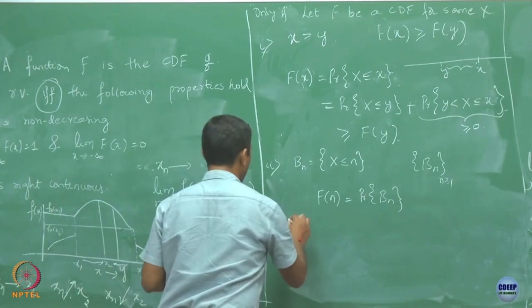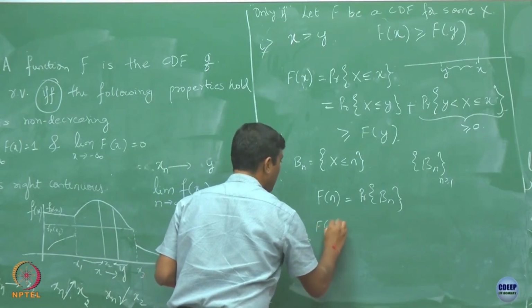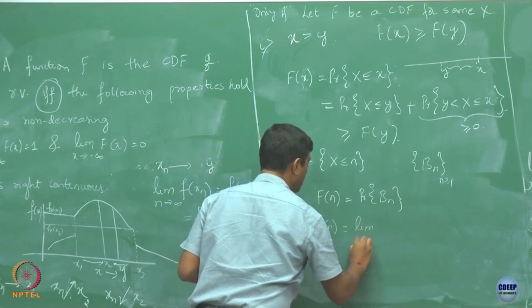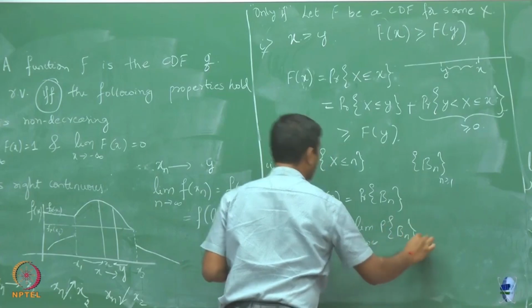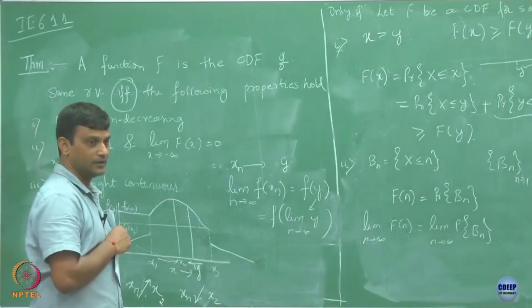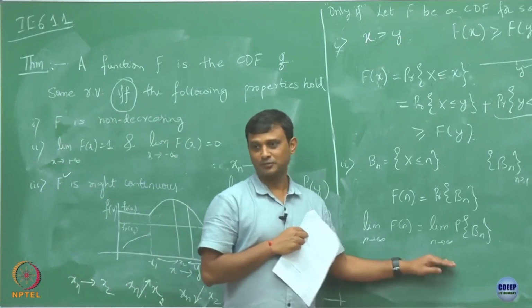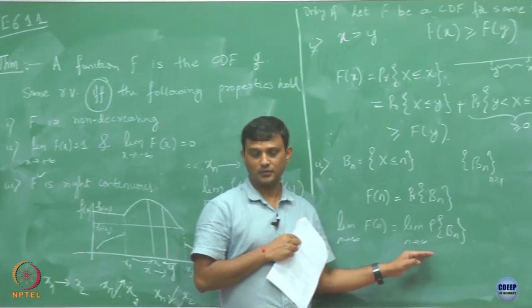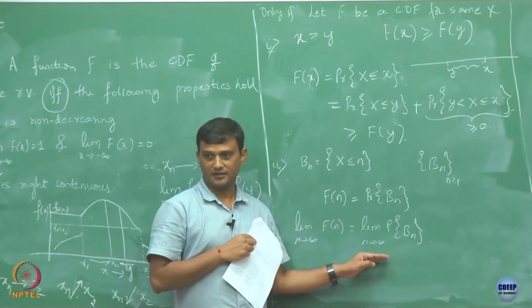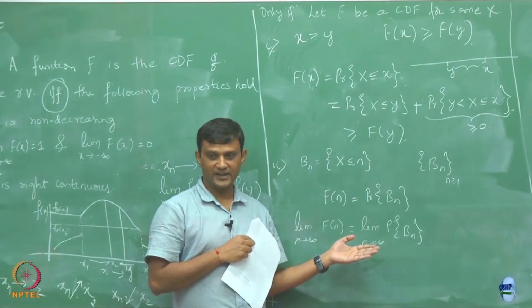Now, if I let n go to infinity, at this point I want to exploit the fact that my probability function P satisfies the continuity property. So if that is the case, how can I write it?